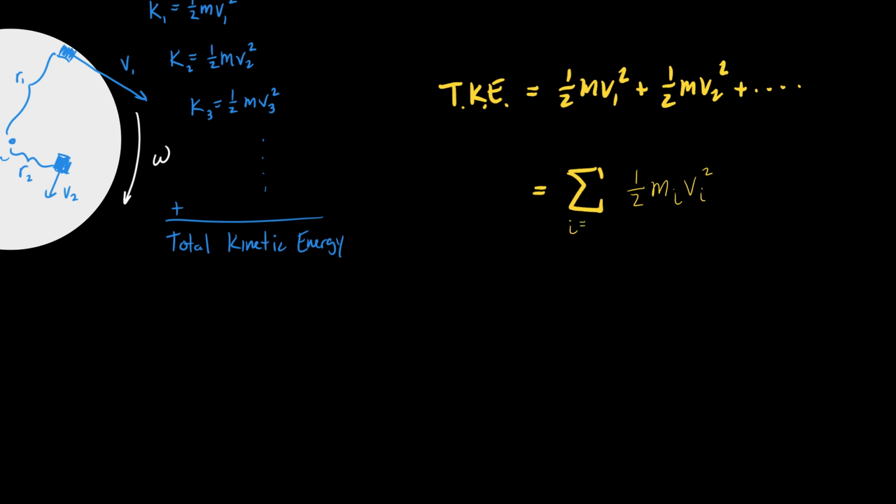I'm going to start with item number 1, and I'm going to end with the last item. Now, right now, I don't know how many items that is. I don't know how many squares I would have to take out to get the whole disk. So we use n as just a reminder to make sure you get to the last one. And it tells you the formula you would have to use to figure out the total kinetic energy.